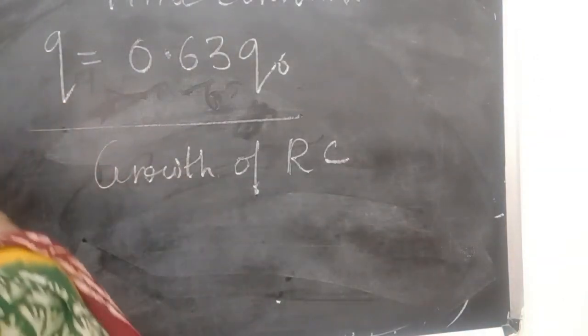So this is what we have discussed about growth of current. Then what is decay of current? Decay of capacitance.